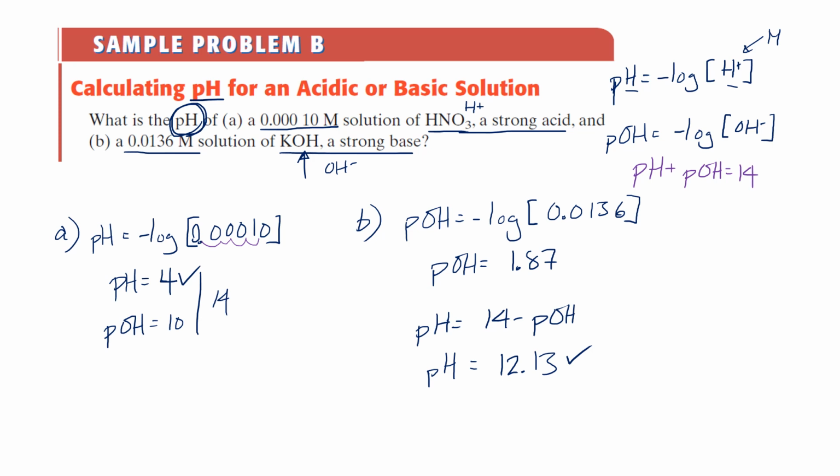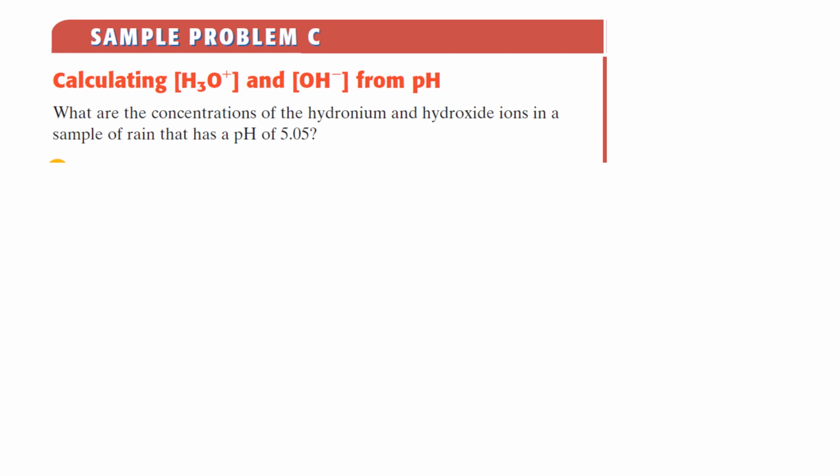Let's move on. In this set of problems, instead of wanting to find pH, we are given the pH, and we want to find the hydronium and hydroxide concentrations. To do that, we do anti-log, meaning the H plus concentration is equal to the anti-log of pH.